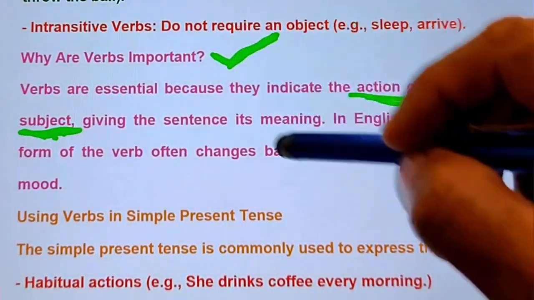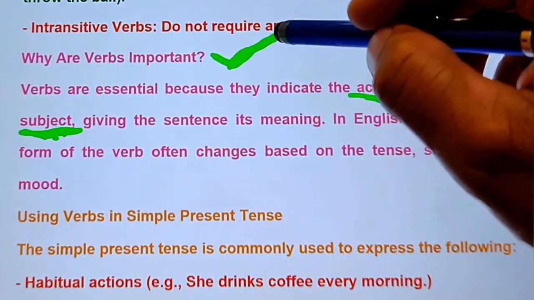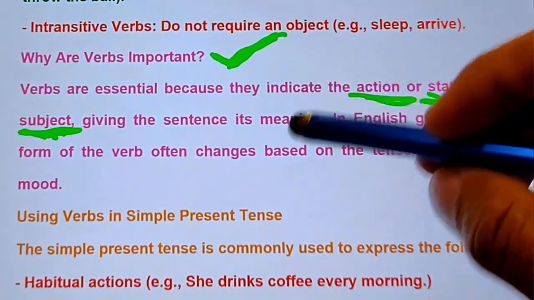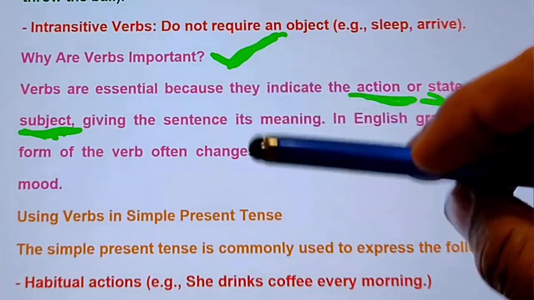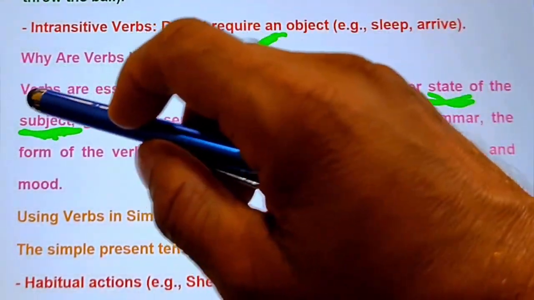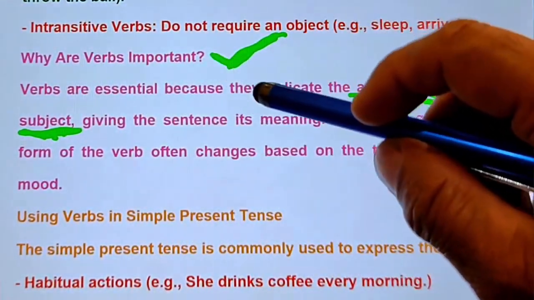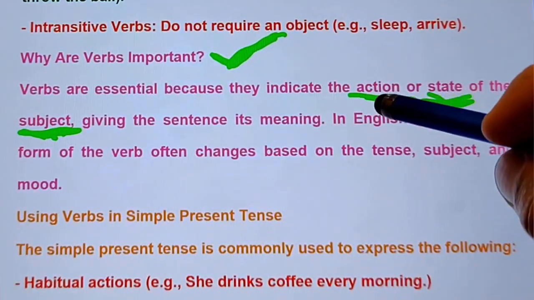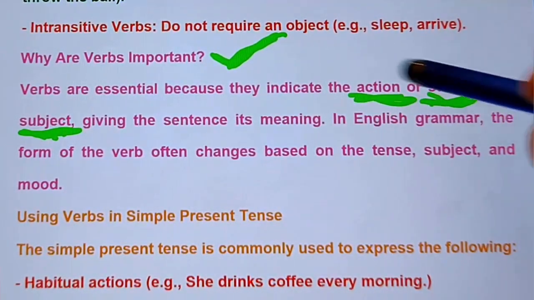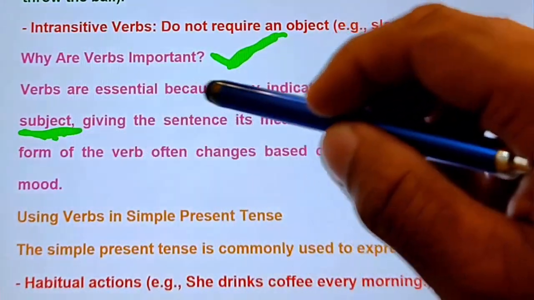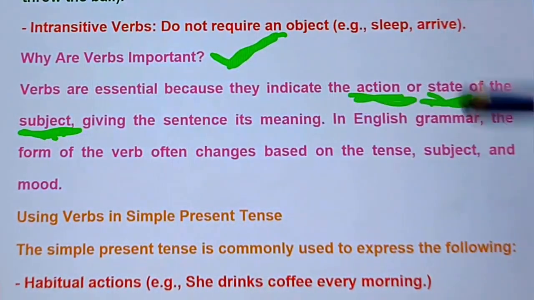So why are verbs important? What is the importance of verbs in English grammar? Let's describe here. Verbs are essential because they indicate the action, they indicate the state of the subject, and they give the sentence its meaning.